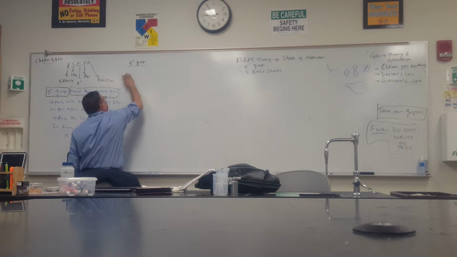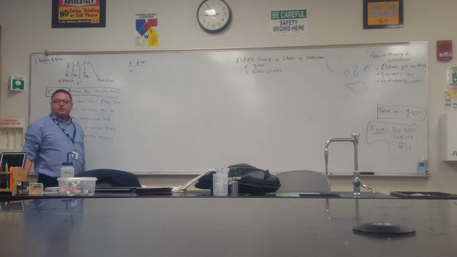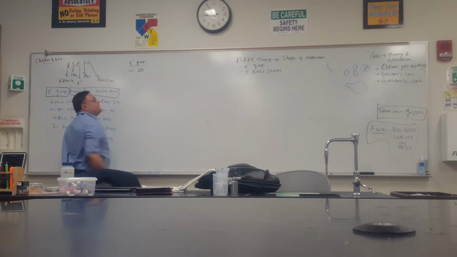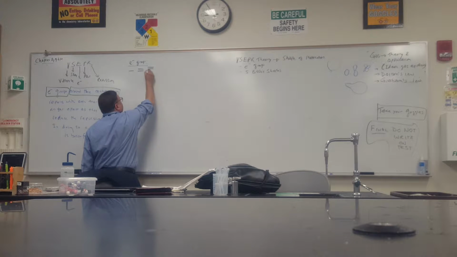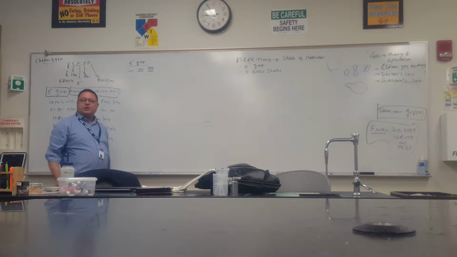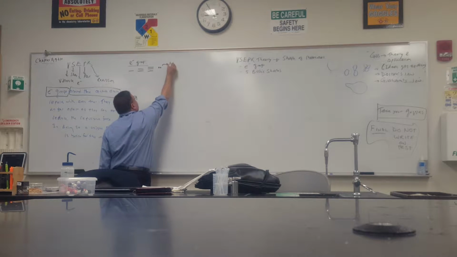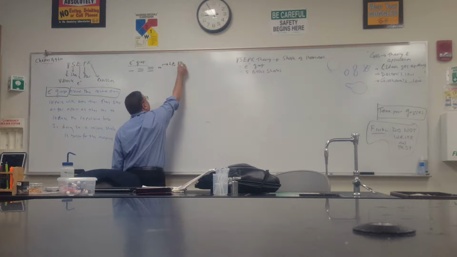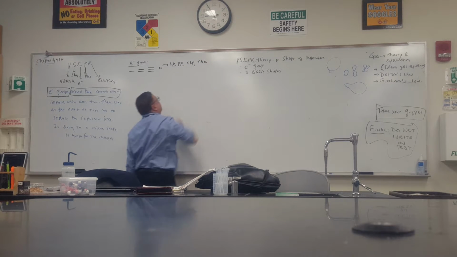Electron groups are either a single bond, which is one electron group, or a double bond, another electron group, or a triple bond, another electron group, or a lone pair, called LP, or free pair, or non-bonding pair, or non-bonding electrons, same thing.